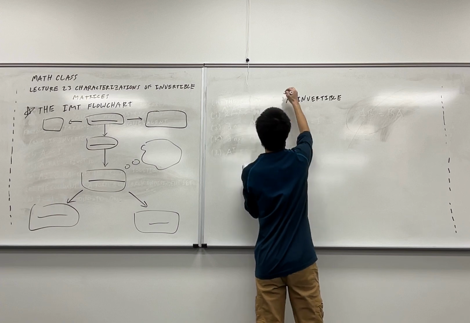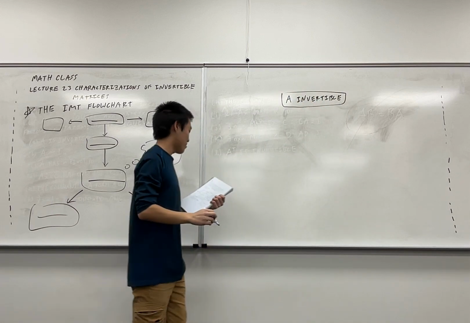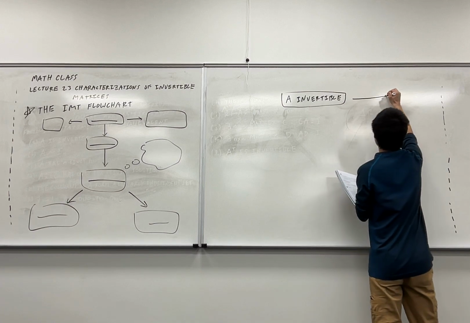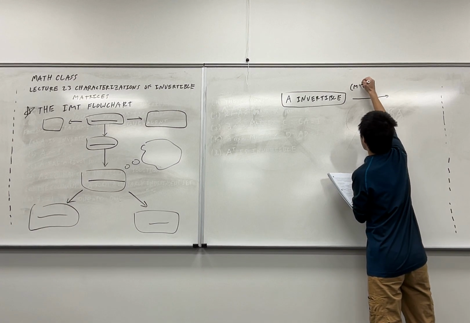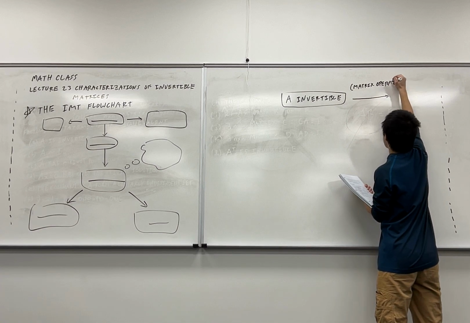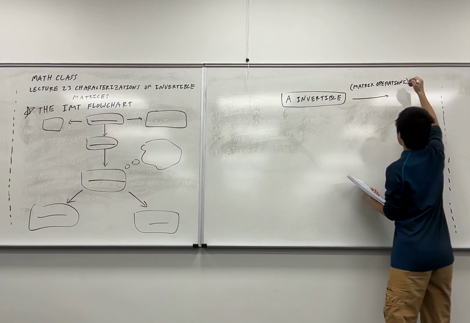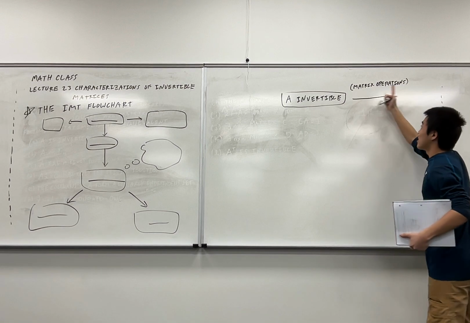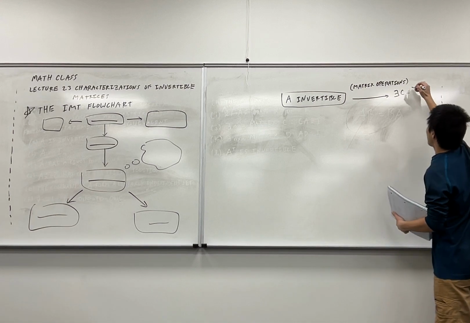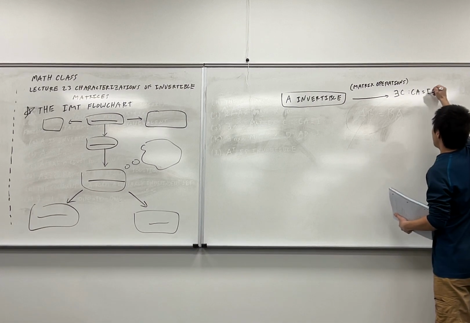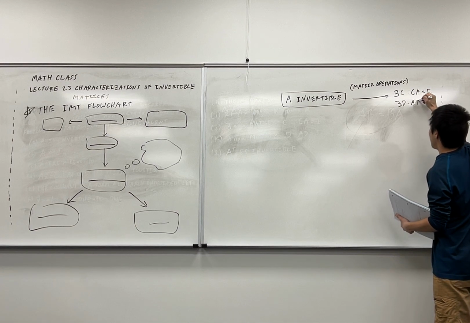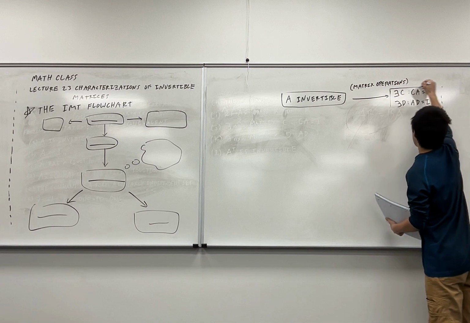Okay, so this is the first box. The first domino. A is invertible, okay? So when we define this through the perspective of matrix operations, then we understood that, because of this, there's this C, where CA gives me the identity, and there also is some D, where AD gives me the identity as well, okay?